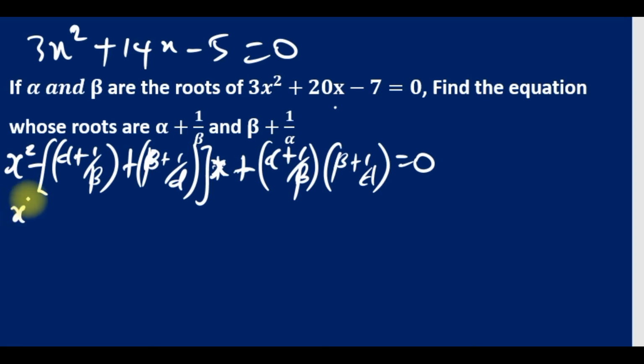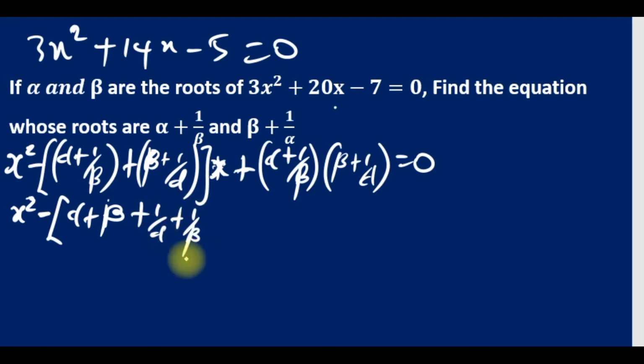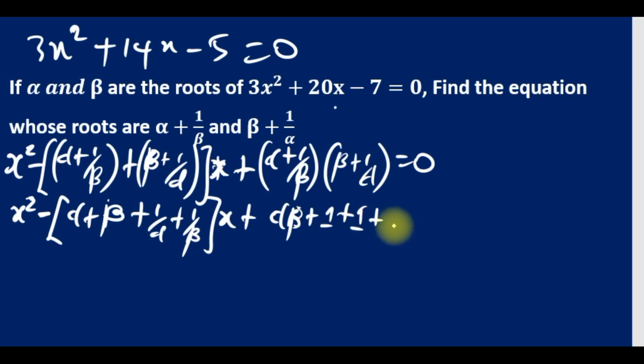We have x squared minus, we can write this as alpha plus beta plus 1 over alpha plus 1 over beta, x plus... we expand this times that: alpha beta plus 1 plus 1 plus 1 over alpha beta.